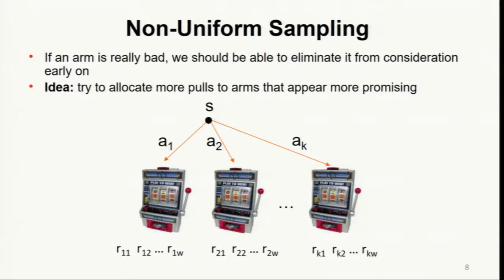So the idea is to allocate more pulls to arms that appear more promising. Okay? Why? Because if this one is pretty bad, every time you insert $100, you eat it. And then you pull 100 times, you still insert $100. Are you crazy? This one always takes your $100.